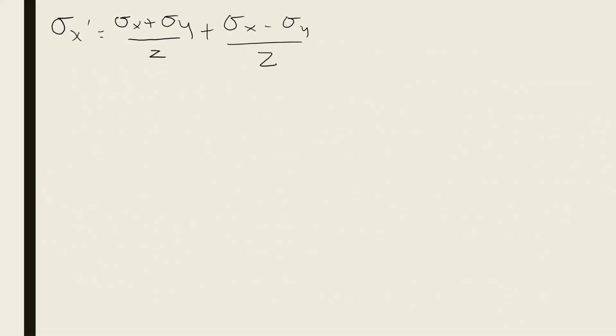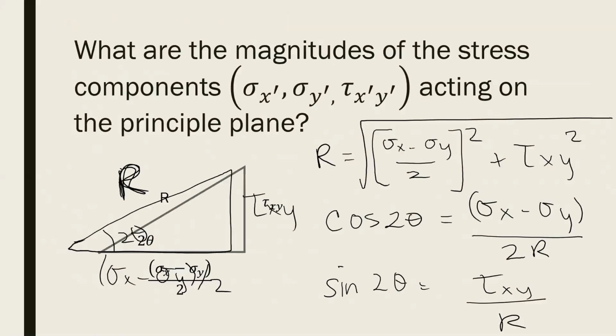Okay, so now we're going to plug in to our equations for sigma x prime and sigma y prime and tau x prime y prime. So sigma x prime is sigma x plus sigma y over 2 plus sigma x minus sigma y over 2. Now it's supposed to be times the cosine of 2 theta, but instead I'm going to plug in this right here.